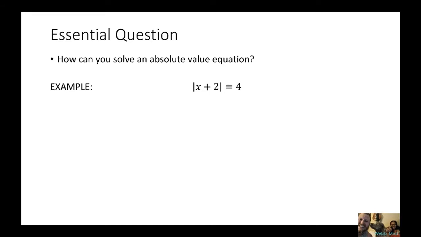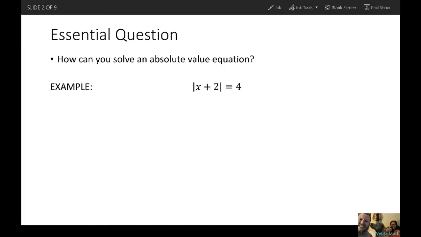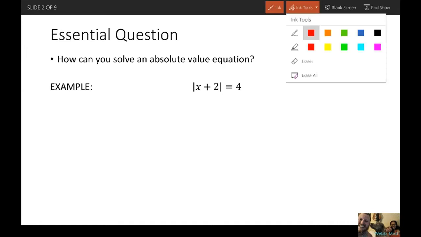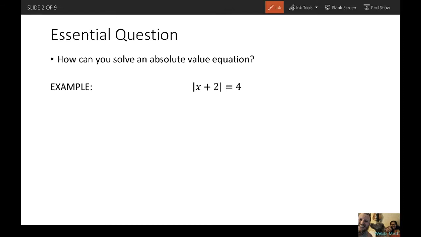When solving an absolute value equation, you are going to come across a disjunction. It's basically an OR statement because we have two different situations for an absolute value. One situation is the absolute value of 4 will equal 4.